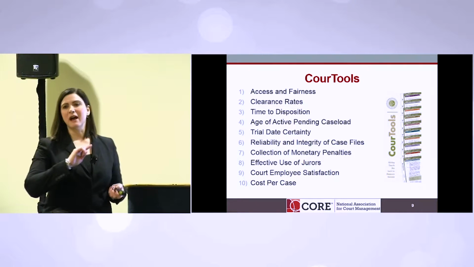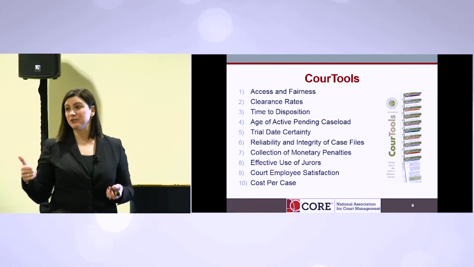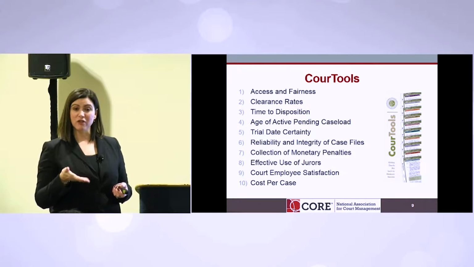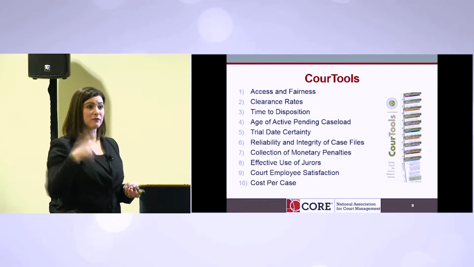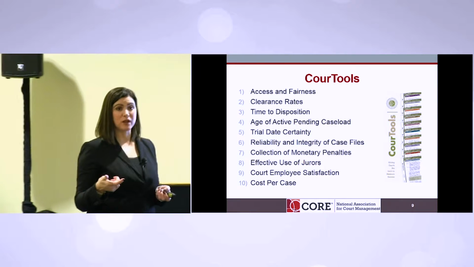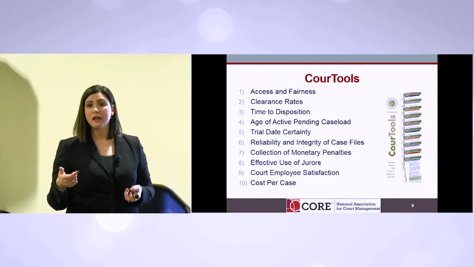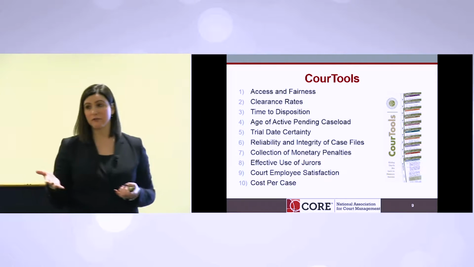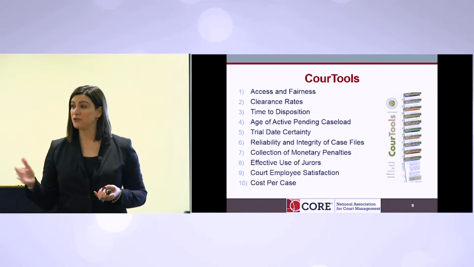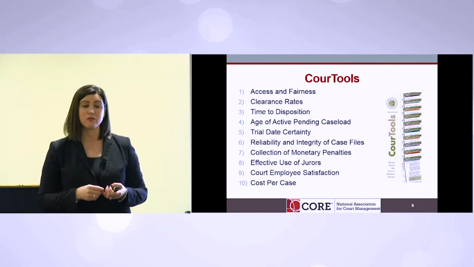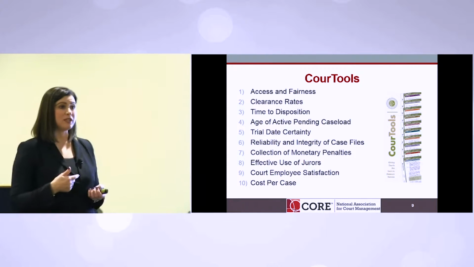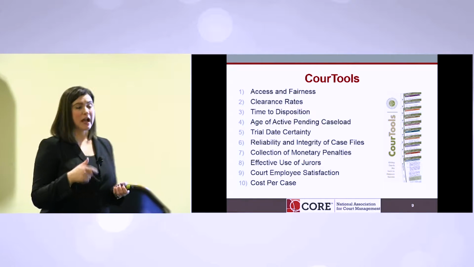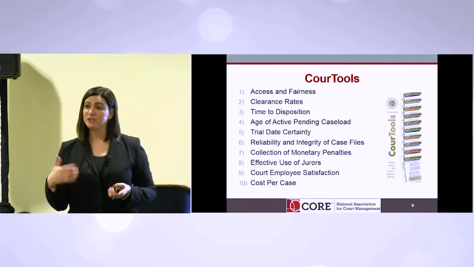So just think about how quickly you can access those files, and then once you get the files, are they complete? Does the judge have to flip through 10 gazillion different things to try to find what he or she is looking for? I know a lot of folks have gone to electronic files, which is great, but for those of us that are still doing some paper here and there, maybe even printing different items on different colored paper helps.